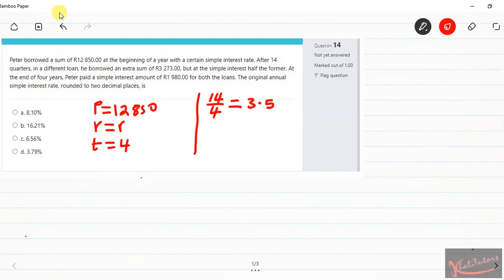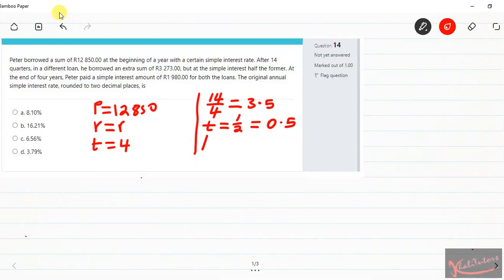So the time for the second loan is simply going to be 1/2, which is the same as 0.5 years. Since he took that after 3.5 years, it's going to run for only half a year. So now we have T for the second loan.